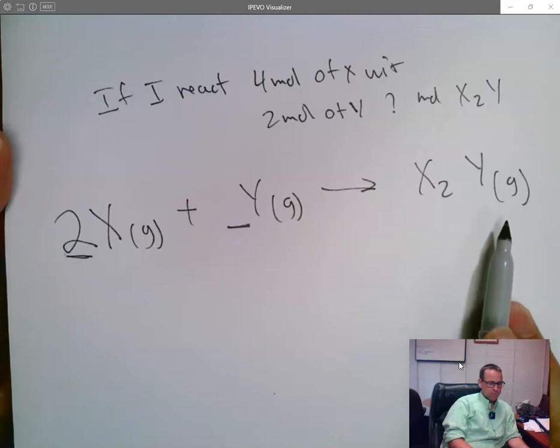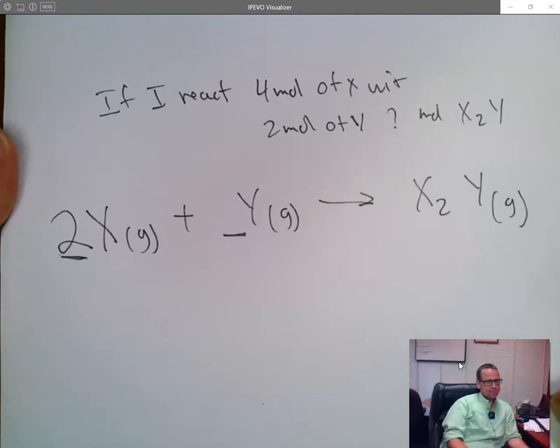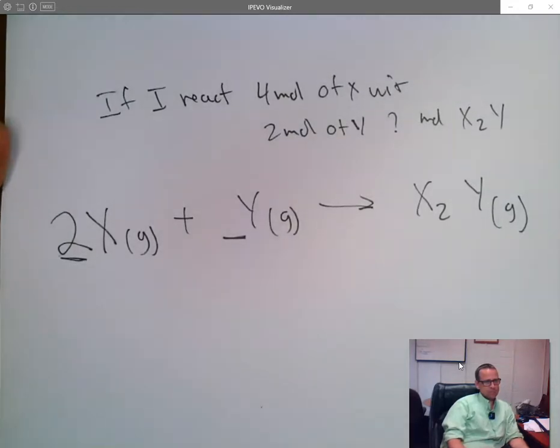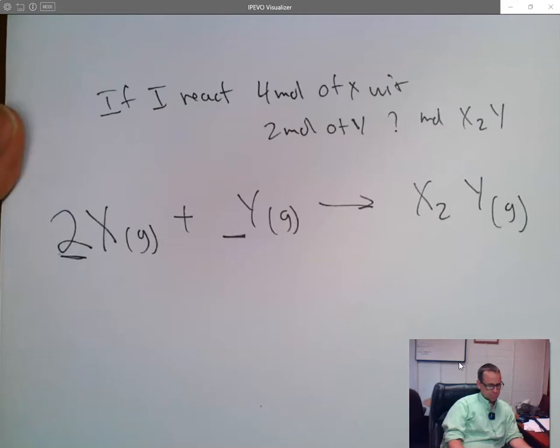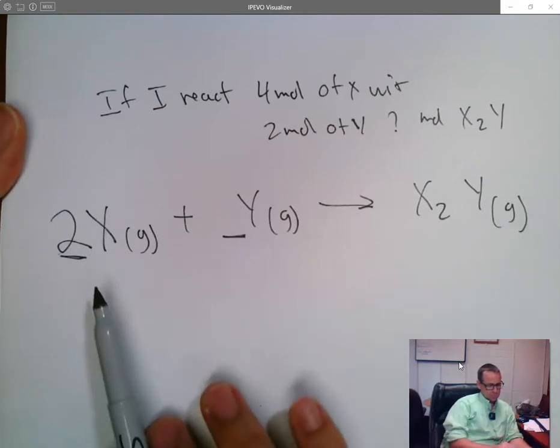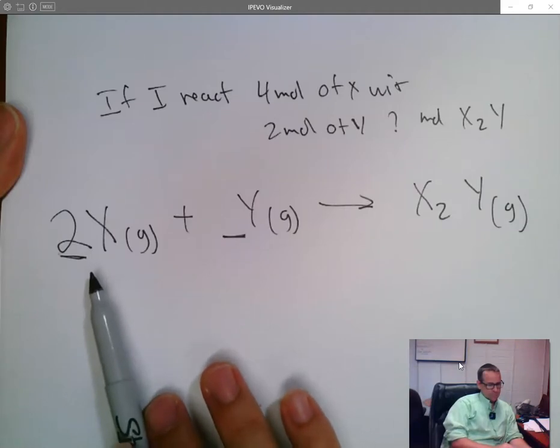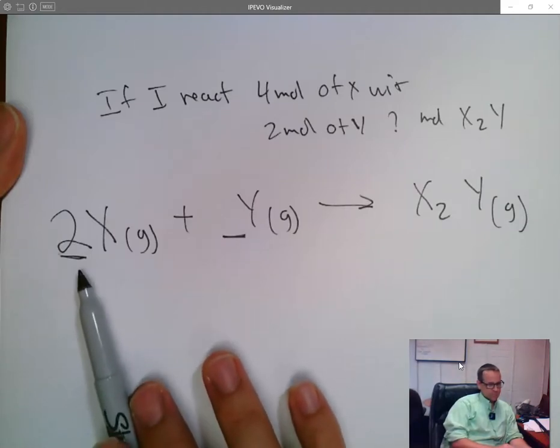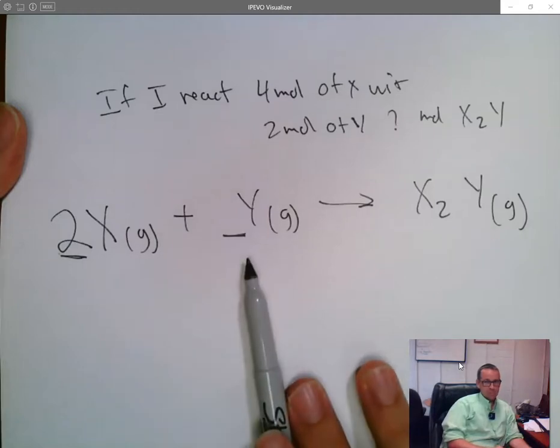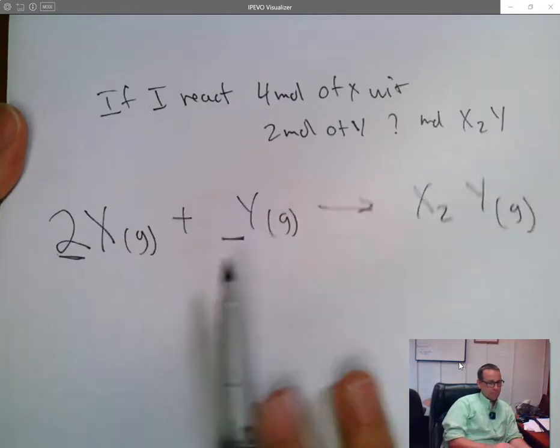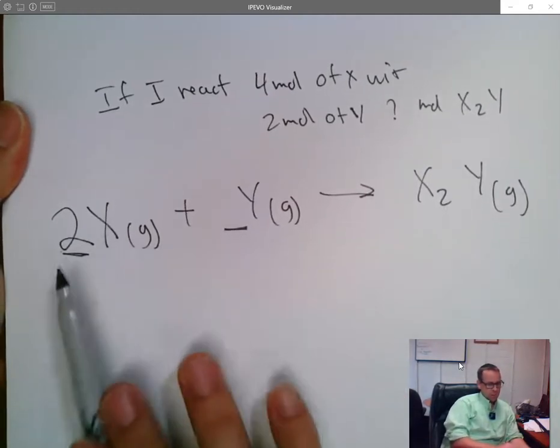X2Y. Can you see that okay? Actually, is that what the 4 moles of X and the 2 moles? Oh, yeah. Okay, because the moles of the X is 2 moles of Y, that's why it's a 2-to-1 ratio. That's right. It's 2 to 1 here. 2 moles of Y.